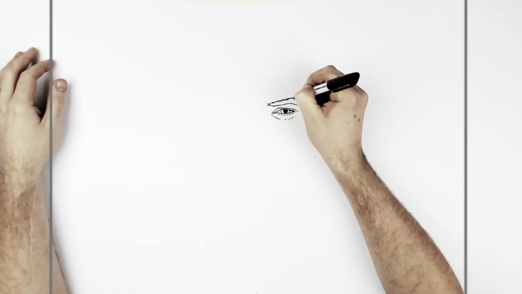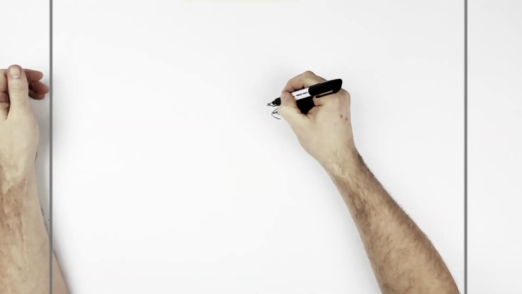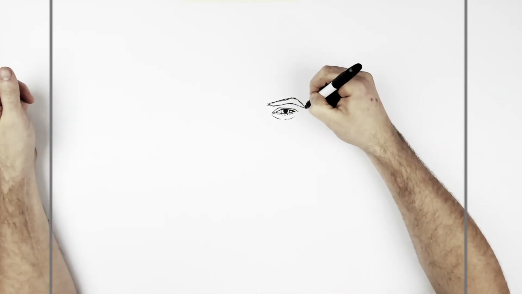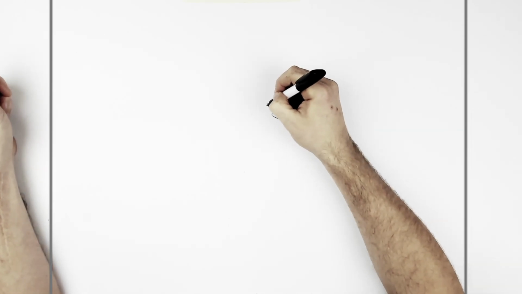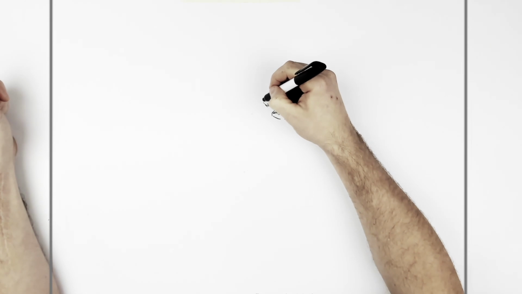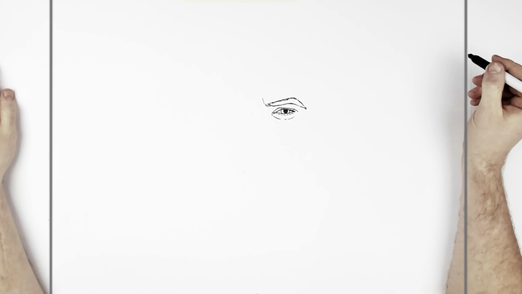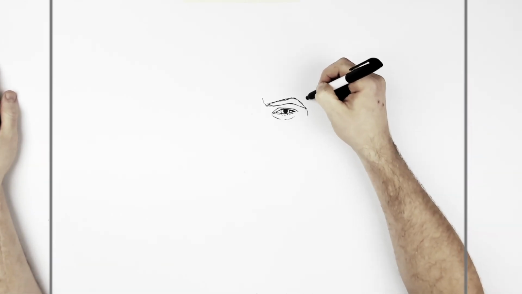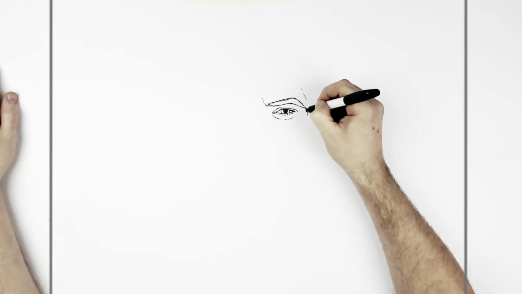You can do them real hairy or just a smooth line, so there's a big scope for variation in that. A bit of a frown there at the front. So that's his eye, pretty much. Maybe a cheekbone sort of thing, and a line for his head just there.